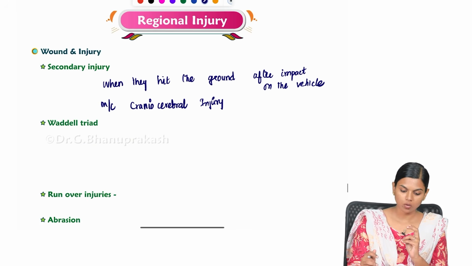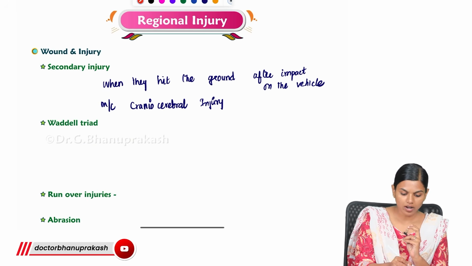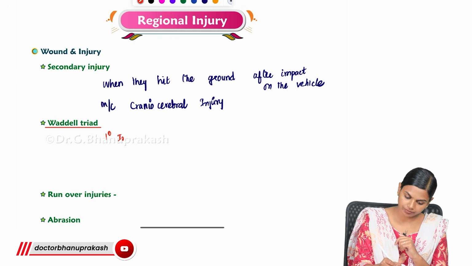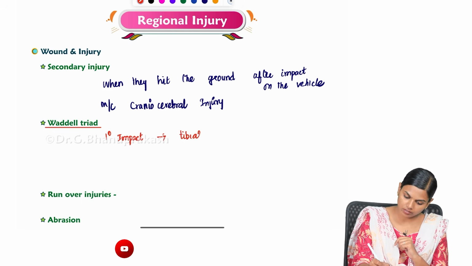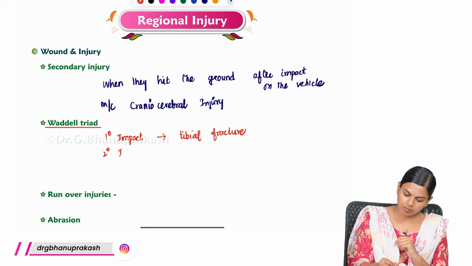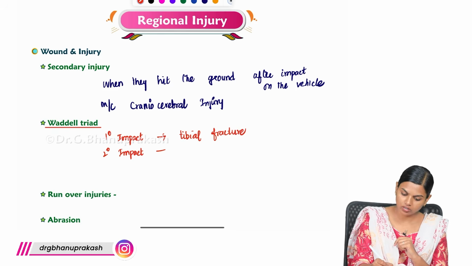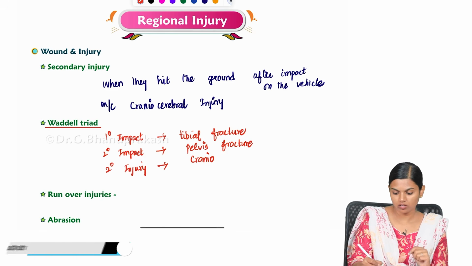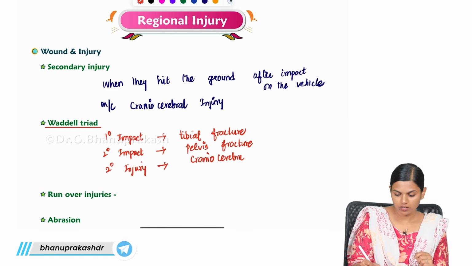Now there is something known as Waddell's triad. This triad consists of these three: primary impact, which leads to tibial fracture; secondary impact, which leads to pelvis fracture; and secondary injury, which results in craniocerebral damage.